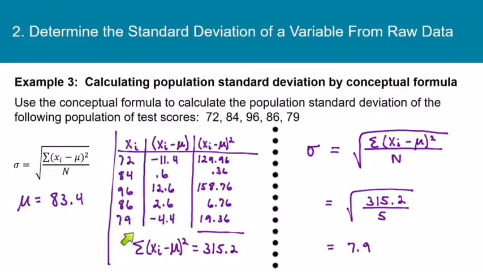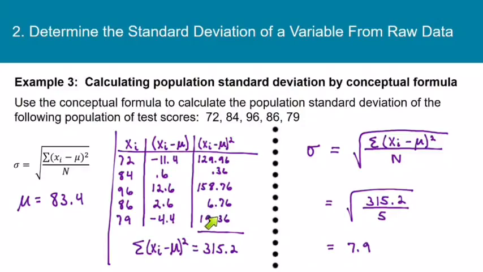So first list your data values, then do each of the deviations, then square each of the deviations. And you don't need to memorize this because you can read it from the formula. First you need the values, then you need the deviations, then you need the squares of the deviations, then you need the sum of the squared deviations.